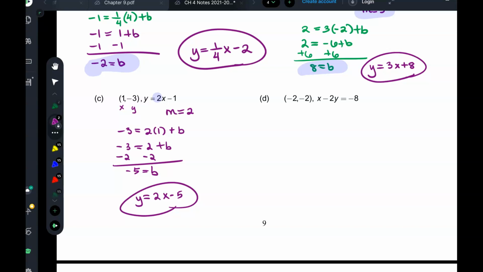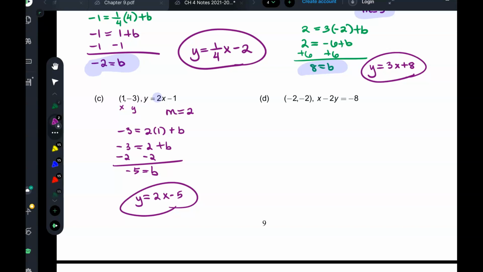So let's see what you got. Negative 5? Is it plus 5 or minus 5? Are you sure? Did you get -5? I did. Let me see how you set it up. Equals 2, 1, and then plus b. 2x minus 5.